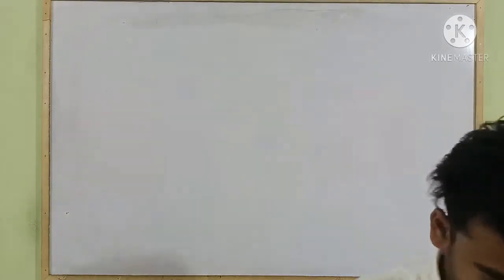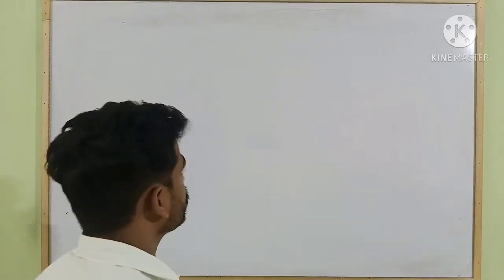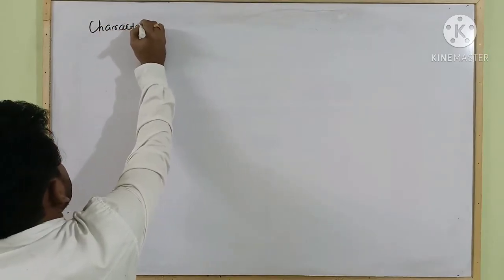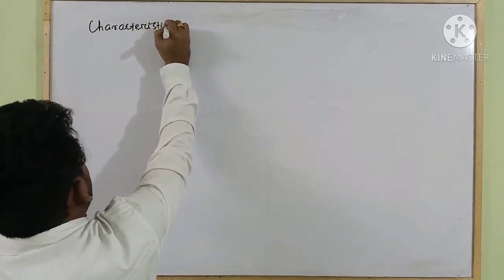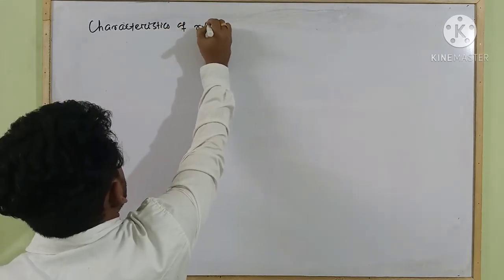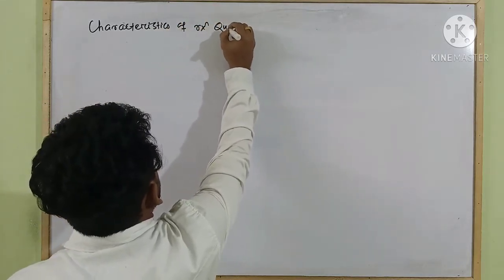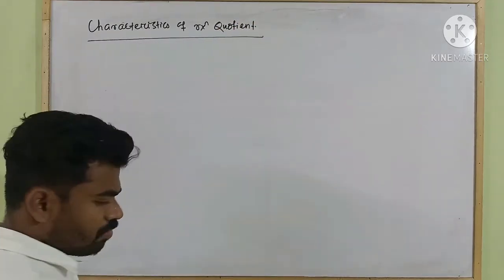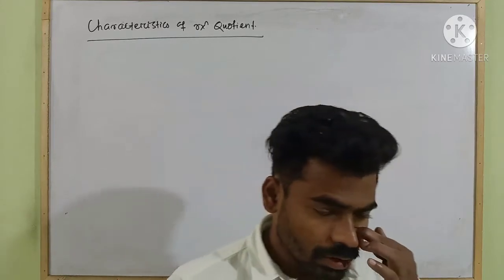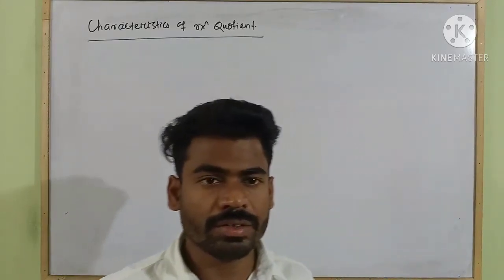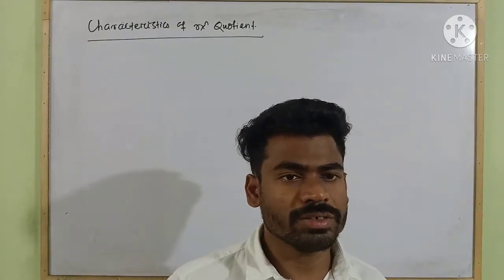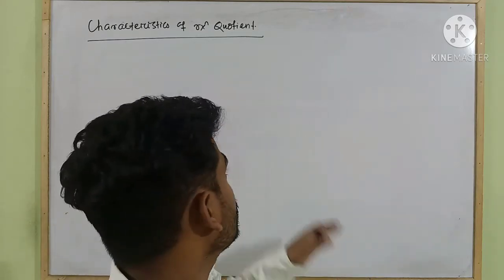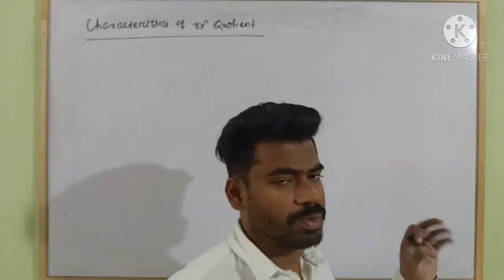Let us explain now the characteristics of reaction quotient. The value of Q varies. As you know, it represents the ratio between the concentration of product to the reactants at any instant of time during the progress of a reversible reaction. So its value varies from time to time.